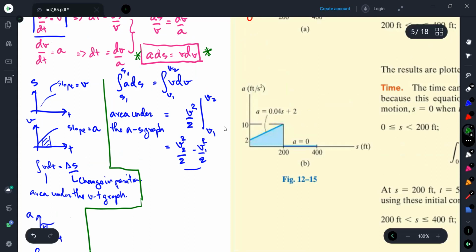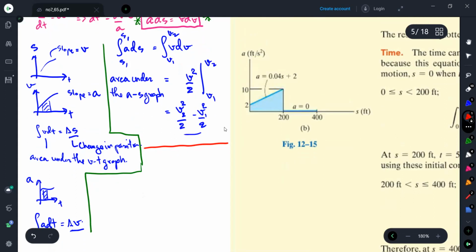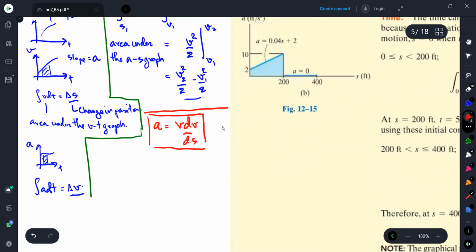In the same manner, when we take the derivative, we get a equal to v dv by ds.